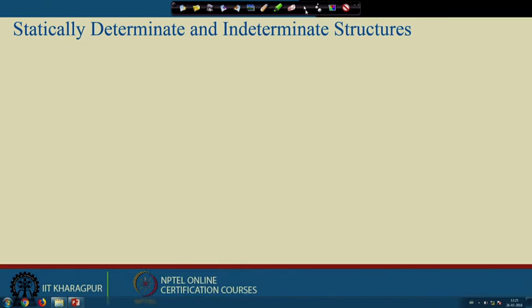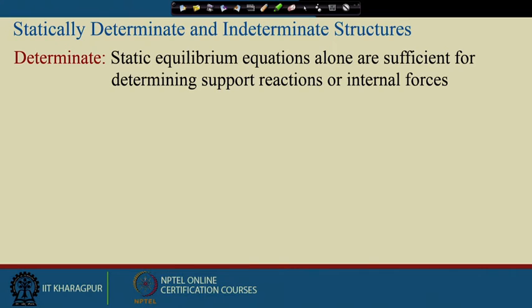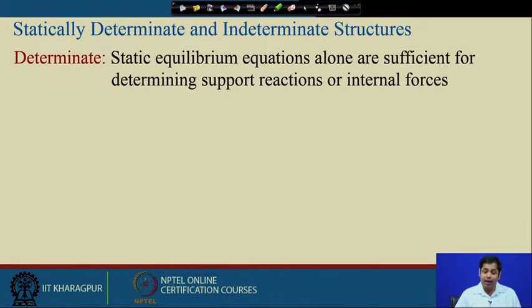So, what are determinate and indeterminate structures? Let me go back to the steps in engineering analysis. Once we write the mathematical equations, the next part is to solve them.